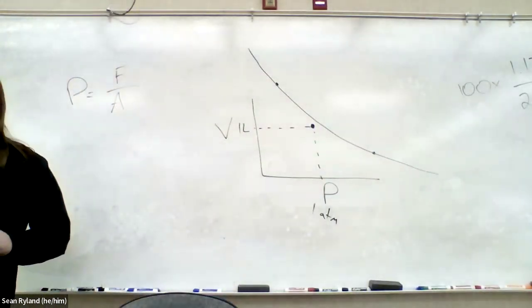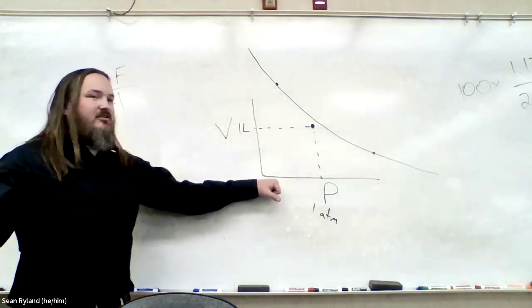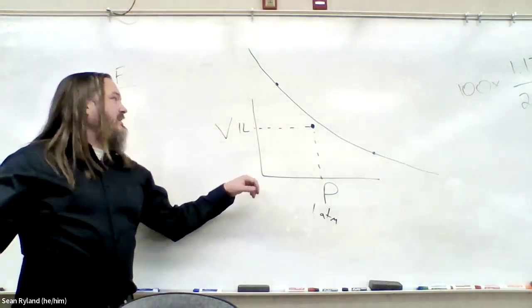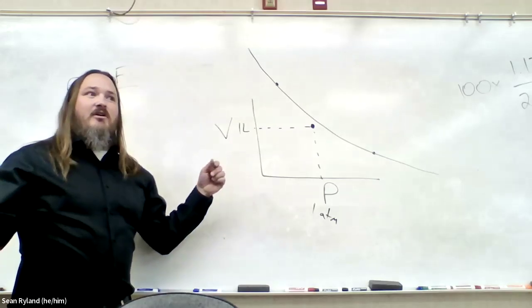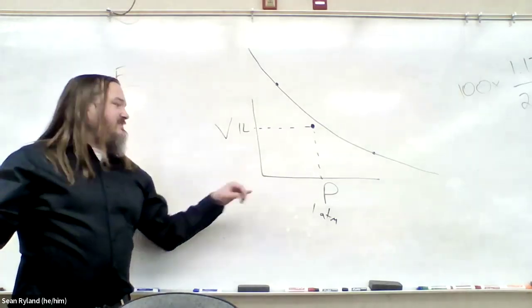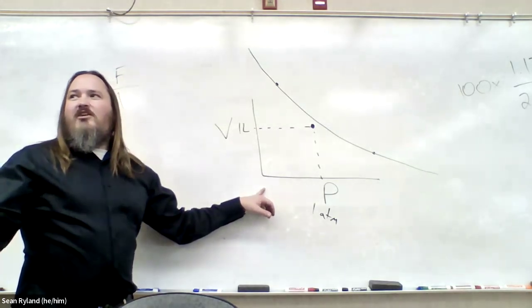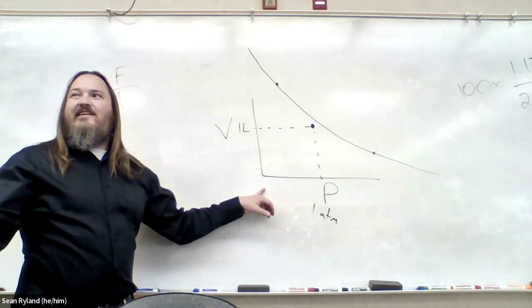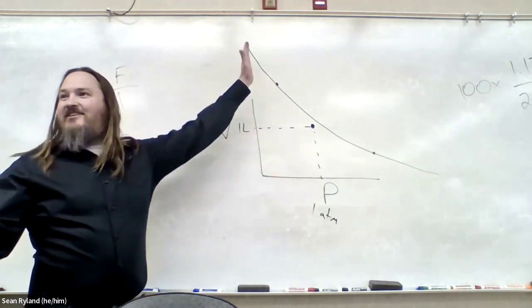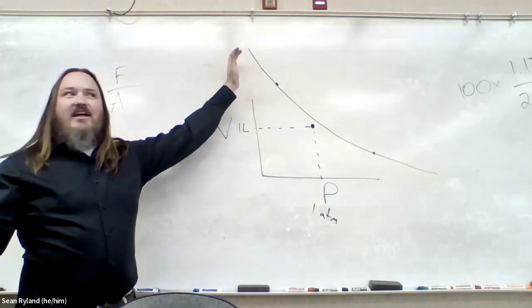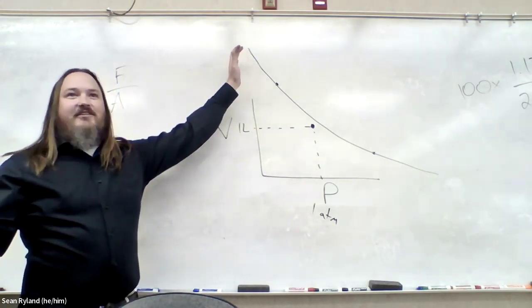What happens if we take this to the extreme? If we take it down to close to 0 pressure, we keep expanding the volume and expanding the volume. Could we ever actually get to 0 pressure? Would it though? Or would it just get infinitely close to 0, right? What do we call that in a math class? An asymptote.